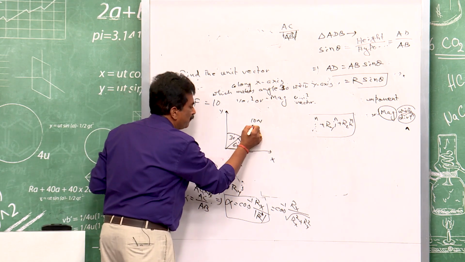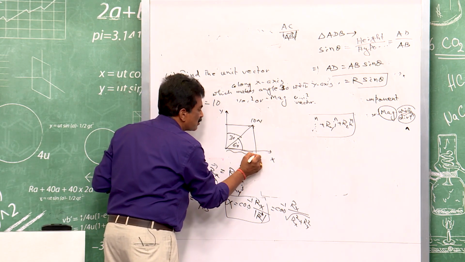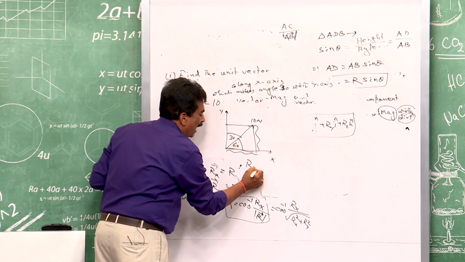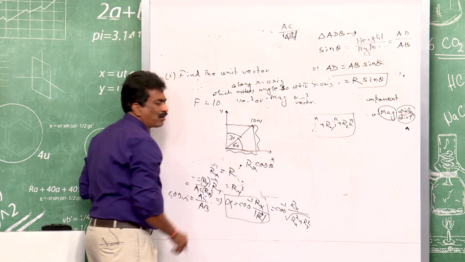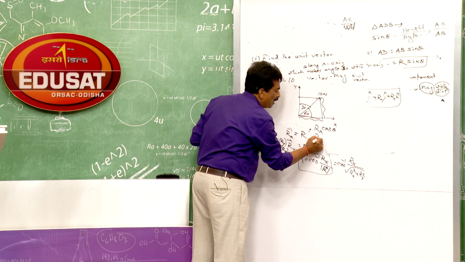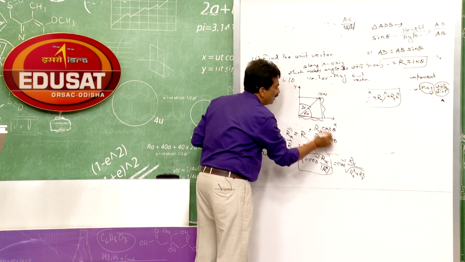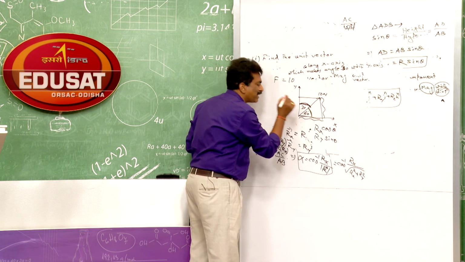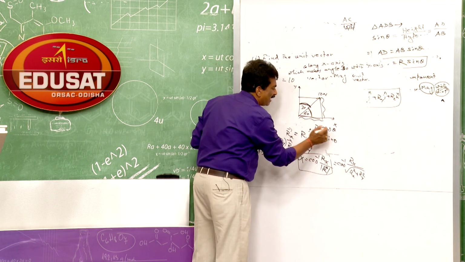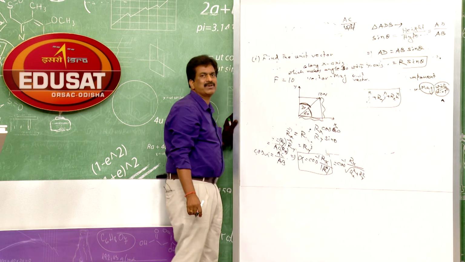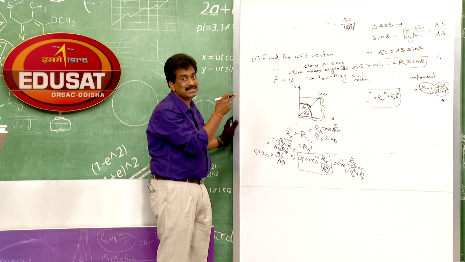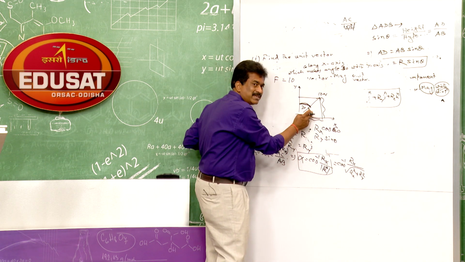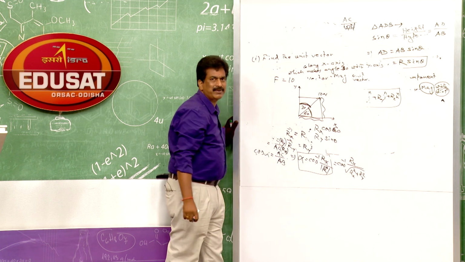Suppose this will be its x component, this will be its y component. The x component will be r cos theta and the y component will be r sin theta. Along the x axis it makes the angle of 60, so the x component is r cos 60.